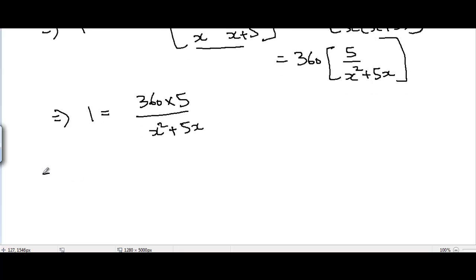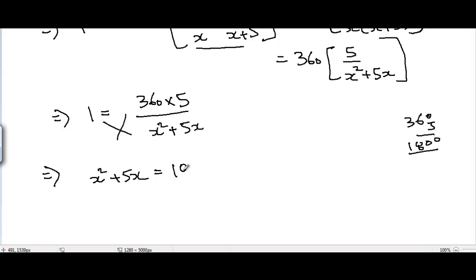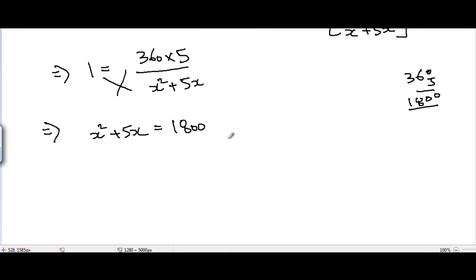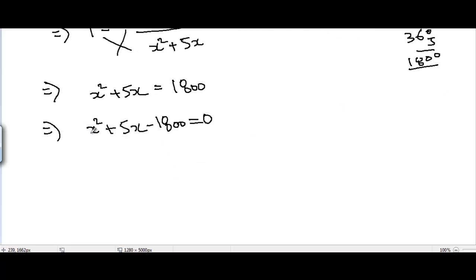Now I can cross multiply. If I cross multiply, I get x square plus 5x equal to 360 times 5. 360 times 5 is 1800. I can take this 1800 to the left hand side, so I get x square plus 5x minus 1800 equals 0.